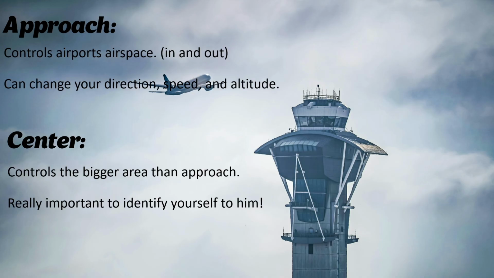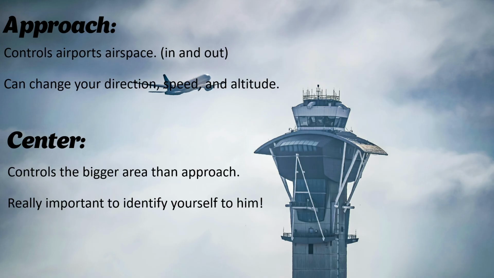But remember, you don't have to contact approach if it's not your arrival airport. If you're in the approach airspace and it's not your arrival airport, you don't have to contact them. Center ATC controls a bigger airspace than approach.